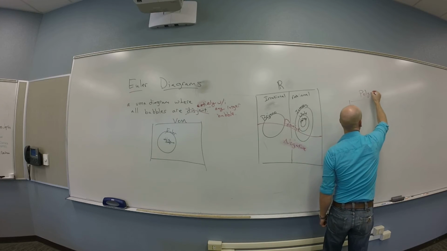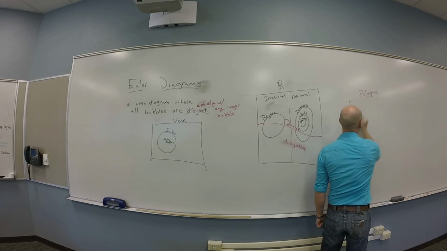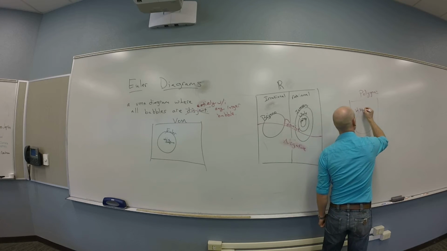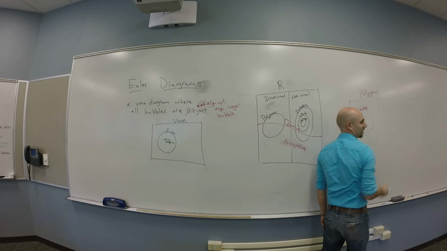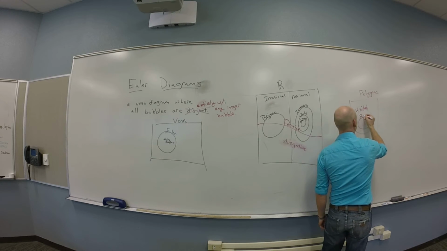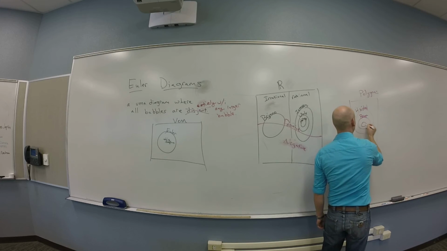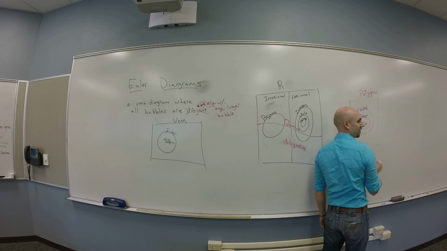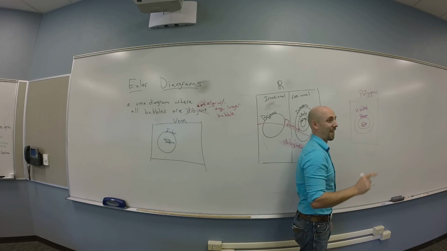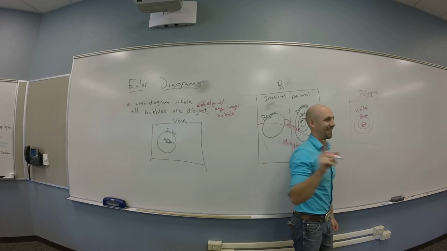Maybe I'll do one with shapes. There are polygons, and someplace in here there's a set of 4-sided polygons. In there are rectangles, and in there are squares. Why would the square be inside the rectangle? Because all squares are rectangles, but not all rectangles are squares.